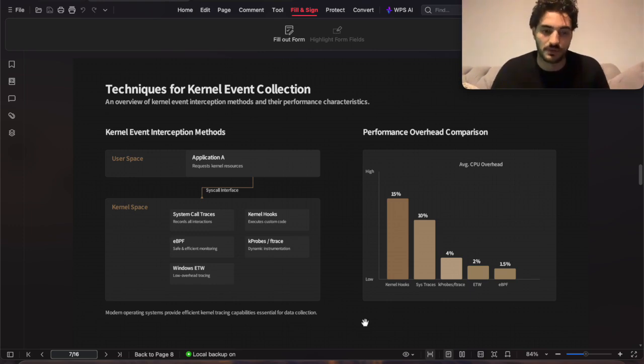System calls: it contains system call traces, eBPF for safe inspection and monitoring, Windows ETW for low overhead tracking, kernel hooks that execute custom code, and kprobes that track dynamic instrumentation. Performance overhead comparison: as you can see in the chart, we have kernel hooks, ptrace and kprobes, each with its own percentage from high to low.